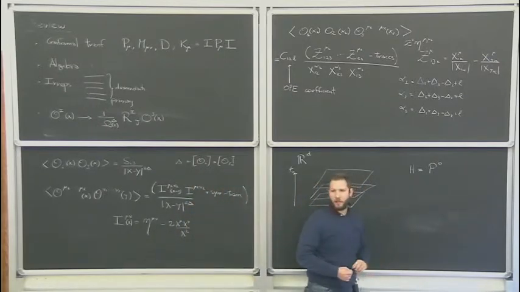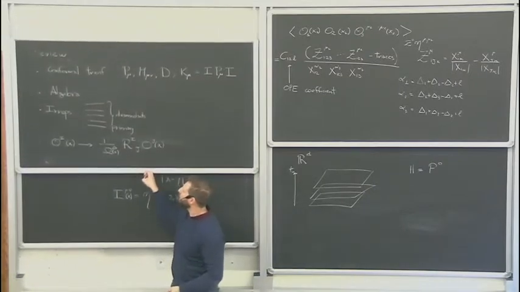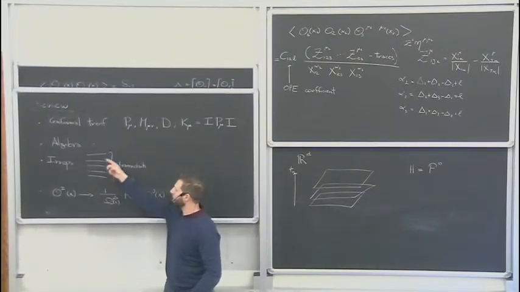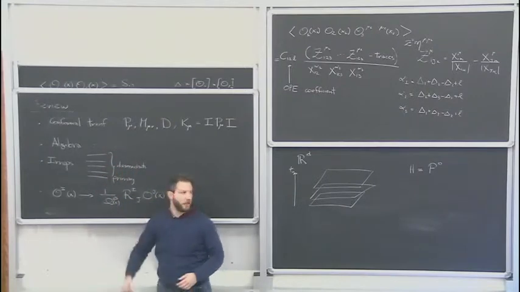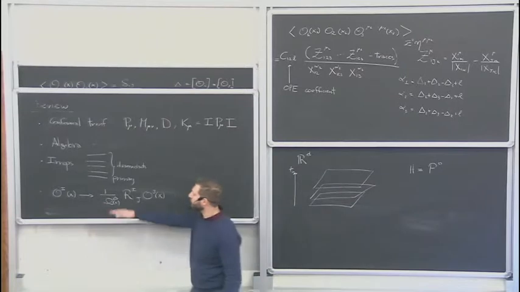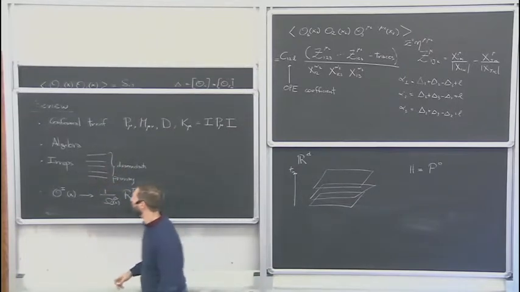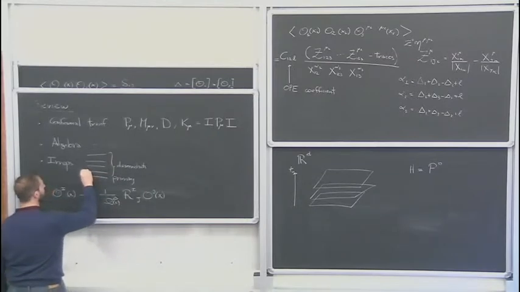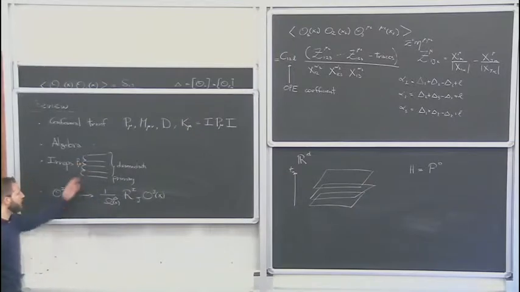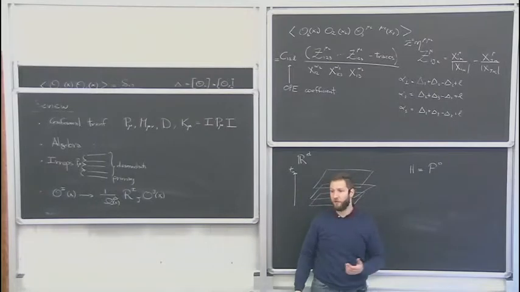But we have seen that in conformal field theory, for instance, a primary state or any state of this tower is not an eigenstate of translation, because if you act with translation or with P0 on any of the states, you end up with a different state. You move up in the tower. So this is not very convenient. It can be done, but it's not a very convenient choice.